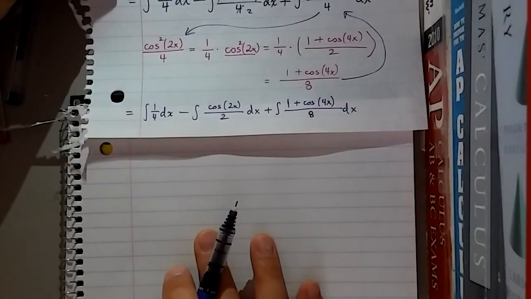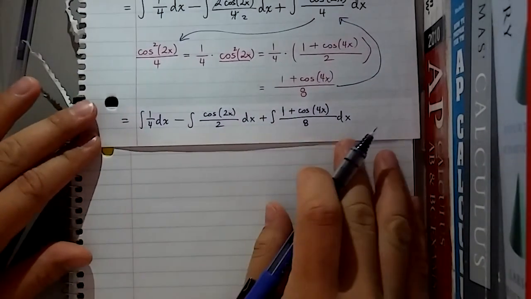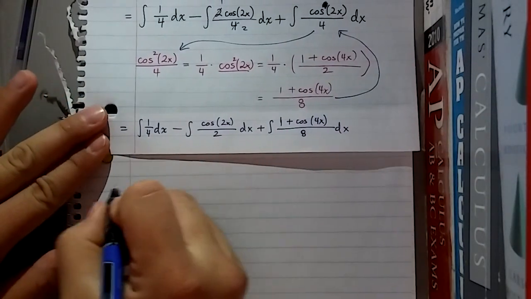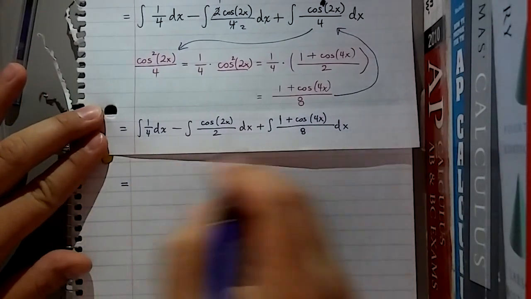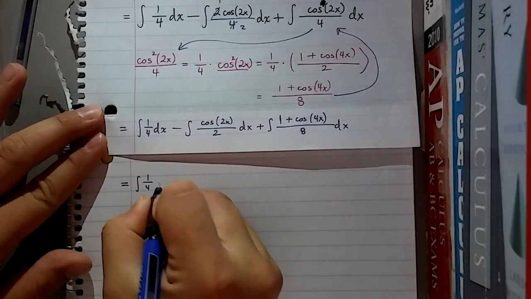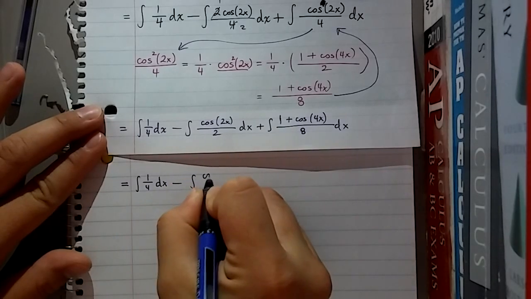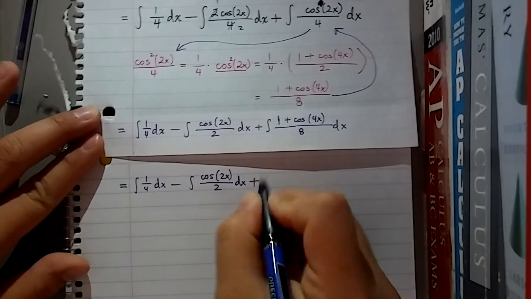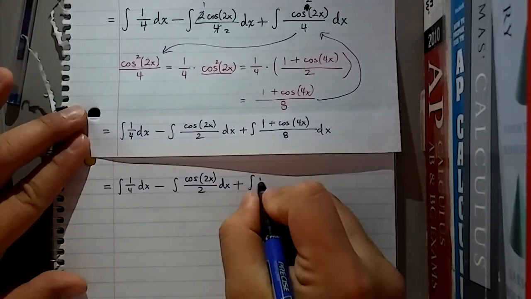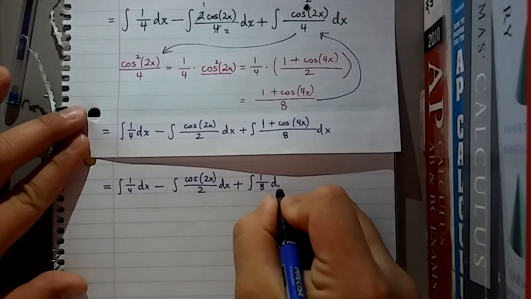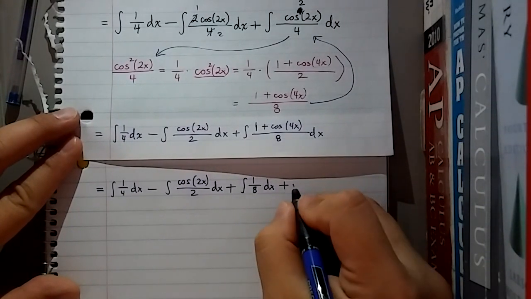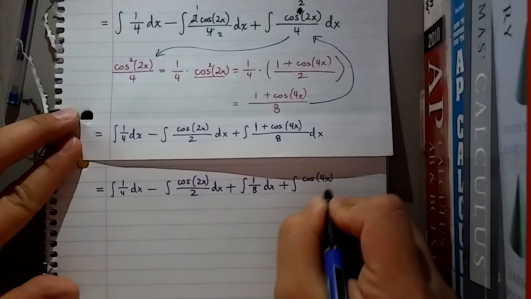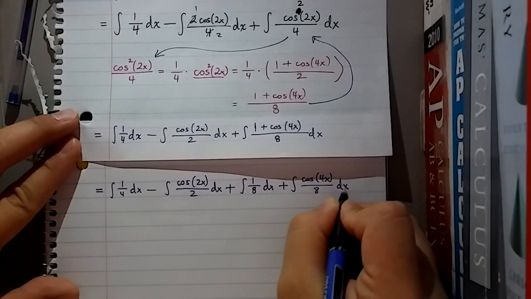Now I can separate this into 2 fractions as well. I want to try to keep this under 10 minutes, but it doesn't look possible. So that's going to give us integral of 1 over 4 dx minus integral of cosine 2x all over 2 dx plus, separating this into 2 fractions, integral of 1 over 8 dx plus integral of cosine 4x all over 8 dx.